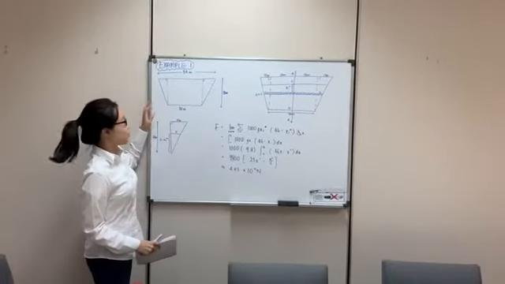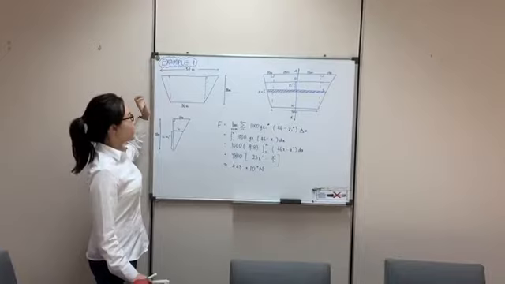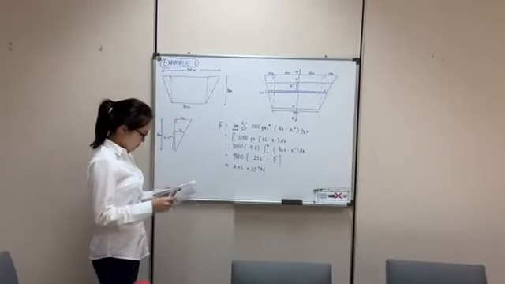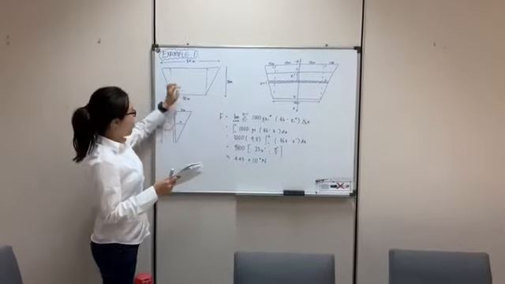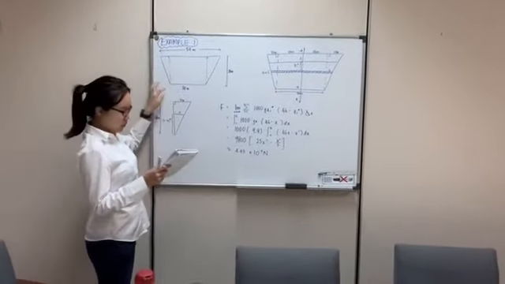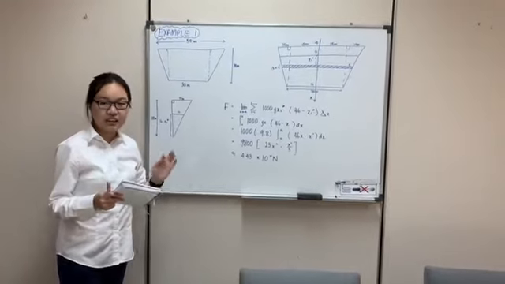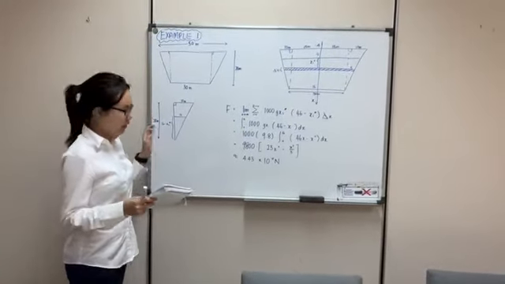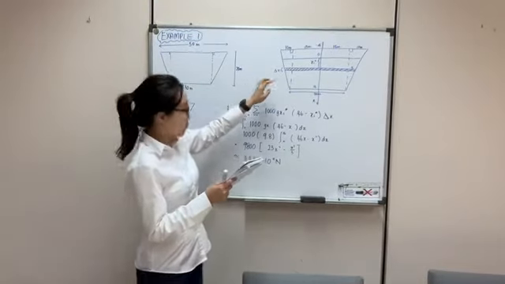Example 1 shows a dam in the shape of a trapezoid. The height is 20 meters, the top is 50 meters and the bottom is 30 meters. We need to find the force on the dam due to hydrostatic pressure if the water level is 4 meters from the top of the dam.